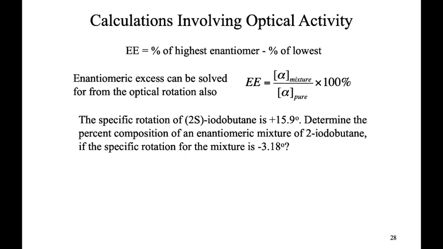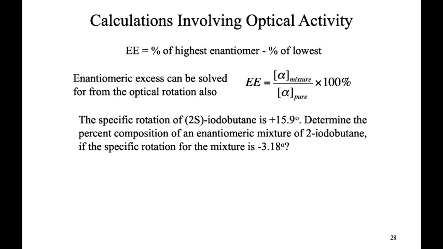Specific rotation of S-iodobutane is positive 15.9. Determine the percent composition of the enantiomeric mixture if the specific rotation of the mixture is negative 3.18. Oh my God, there's too many numbers and calculations. Take a deep breath.